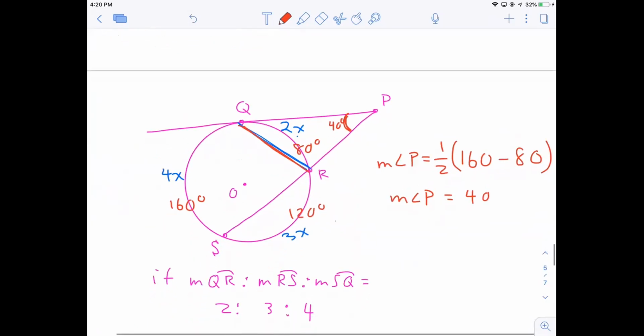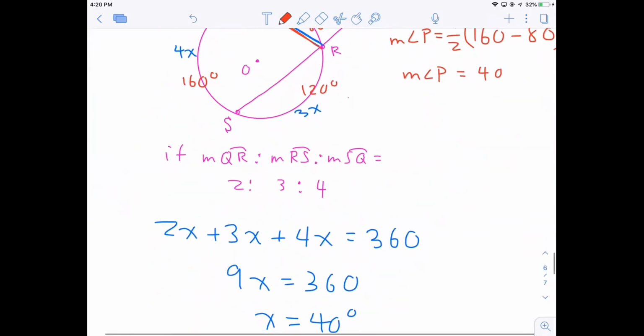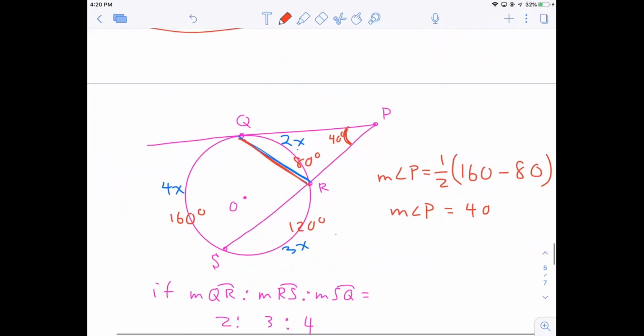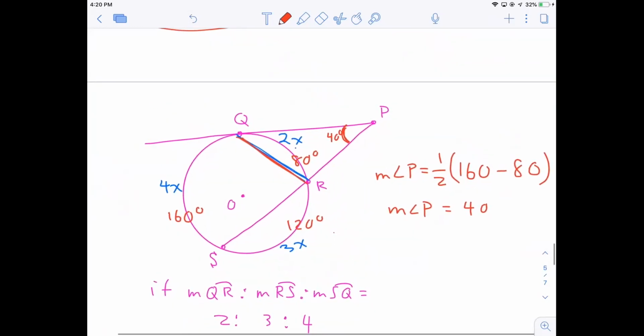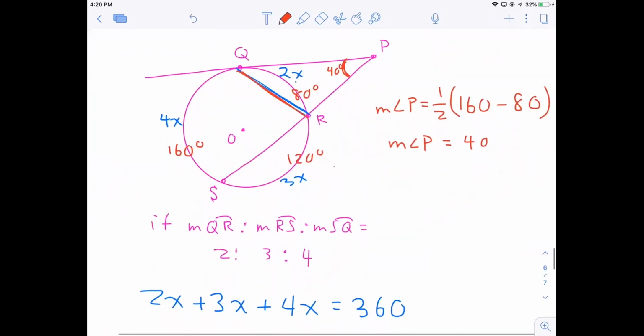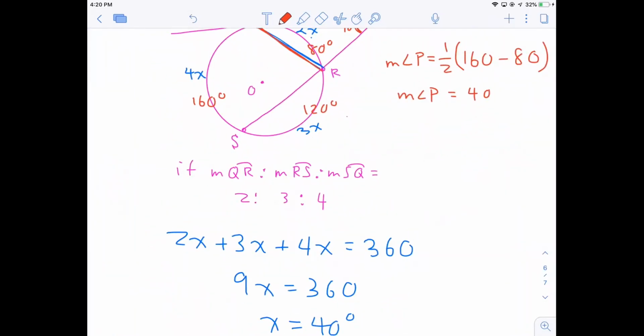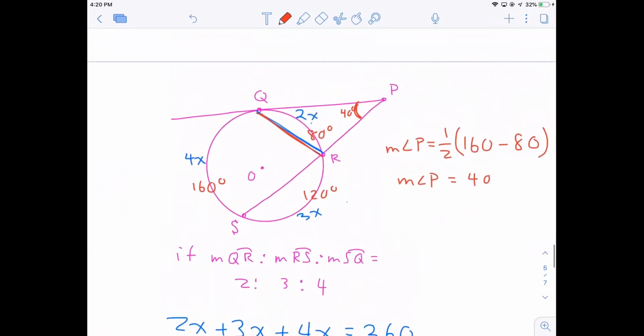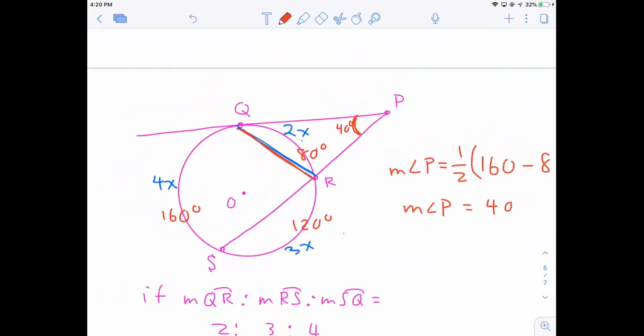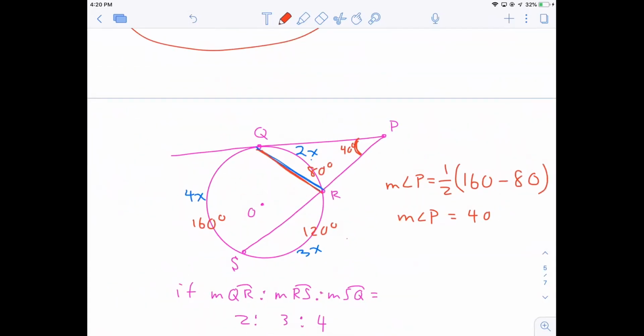Something doesn't feel right. x is 40, and QR was 40 degrees, 280, 360. Yeah, that checks out. So what's the measure of PQR? Hold on, why is this feeling weird?